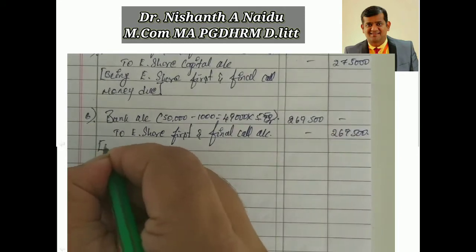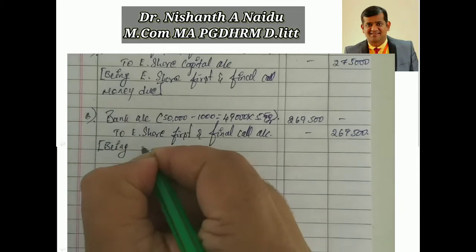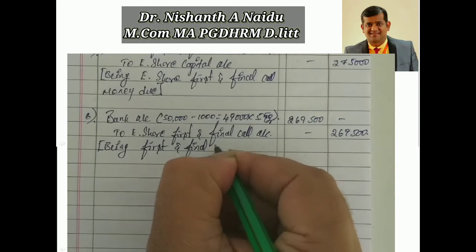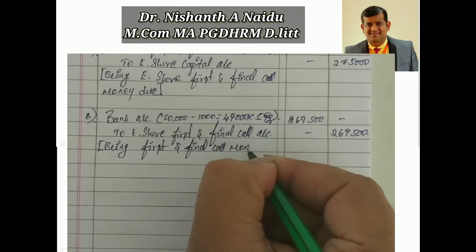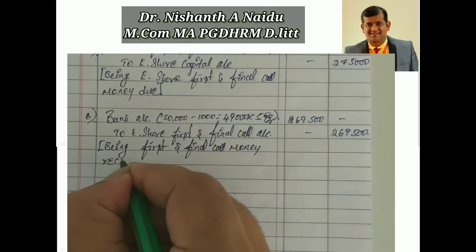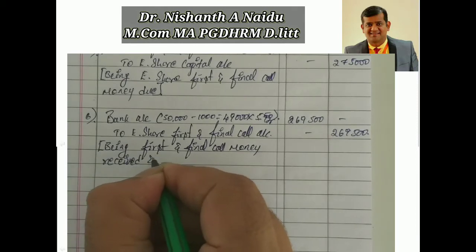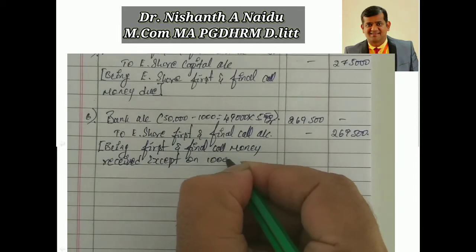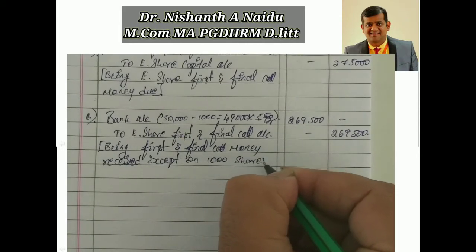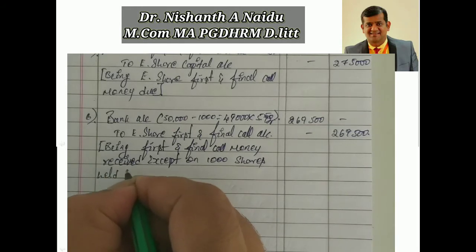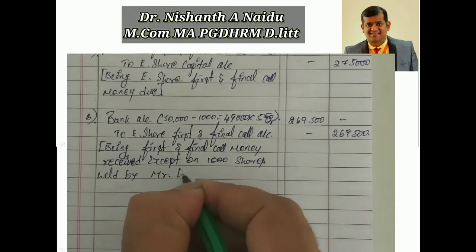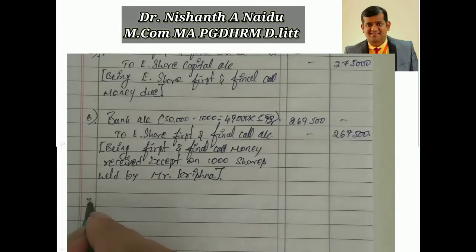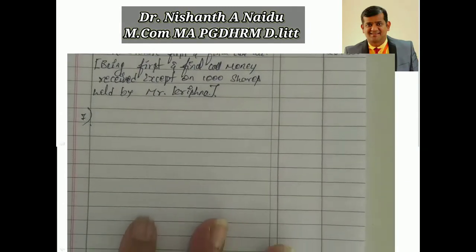So being first and final call money received except on 1000 shares held by Mr. Krishna. Done. Fine.